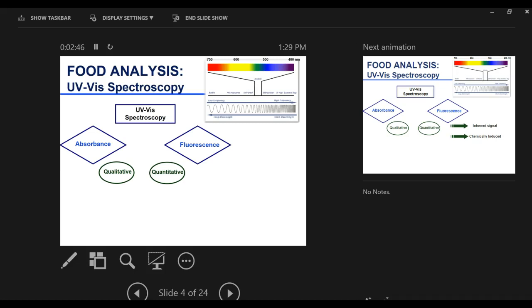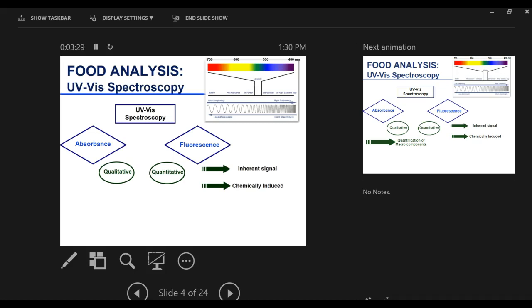In UV-vis you can have absorption, and you can measure fluorescence. So you can do qualitative analysis or quantitative. Qualitative is for detection of the presence of a component or for identification, or determining the molecular composition of that compound. Quantitative is where you actually measure the concentration. To be able to run qualitative or quantitative analysis using UV-vis spectroscopy, you need interaction with light, obviously.